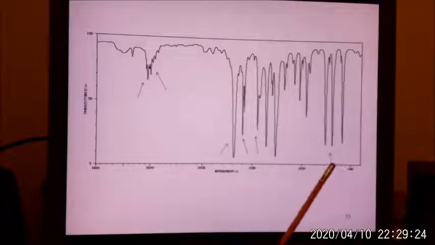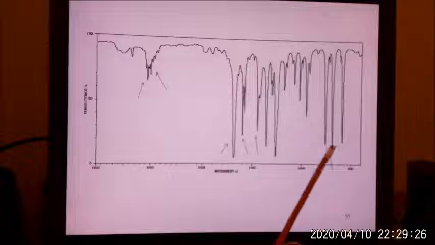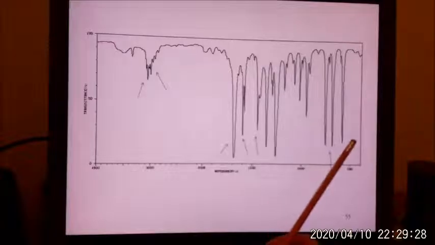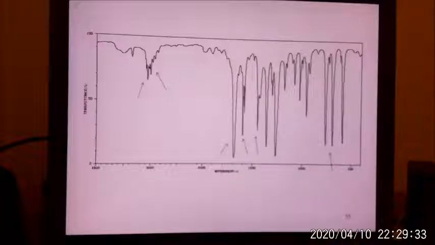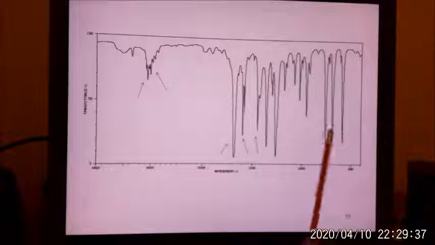And then over here, 700, 750, okay, remember we were looking at my frequencies down here. Okay, here's the suspicion. I have an aromatic group, because you'll see strong frequencies here.